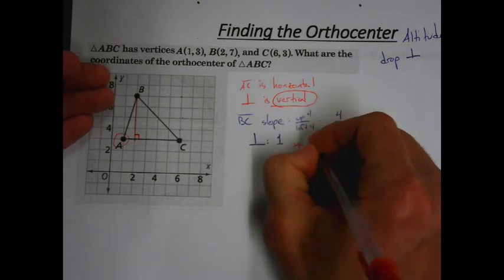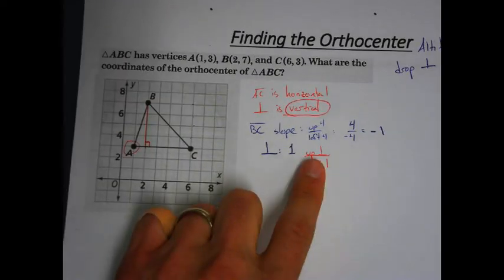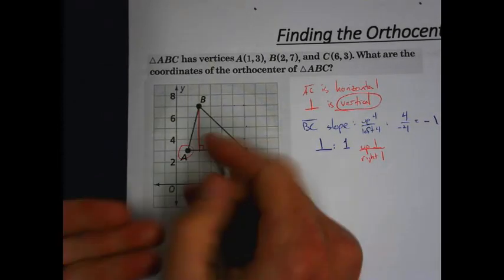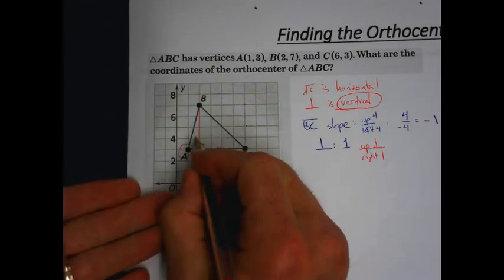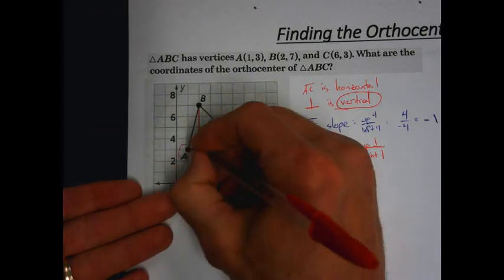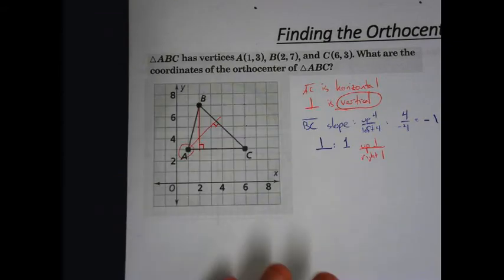Up 1, right 1. Okay, Algebra 1 review. So from vertex A, up 1, right 1, up 1, right 1. And there is our altitude for A.